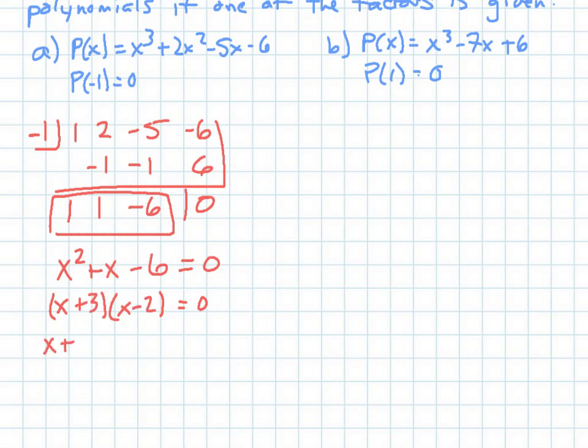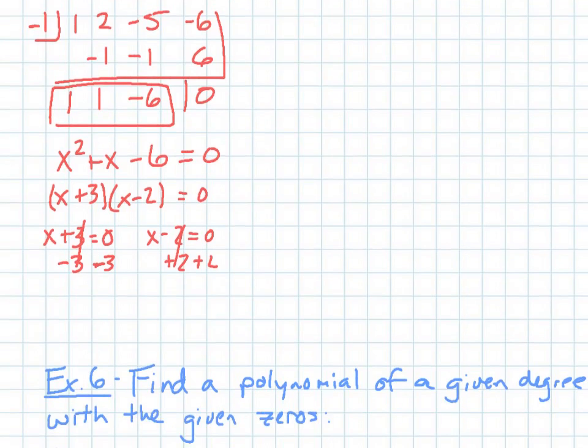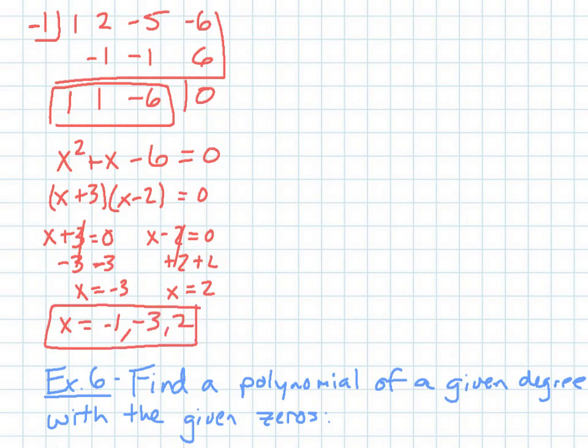Now I solve for both of those. Then that would give me x is equal to negative 3, x is equal to 2. So now all my values would be negative 1, which is the first one we found or was given, and then negative 3 and 2. So those are all my zeros.